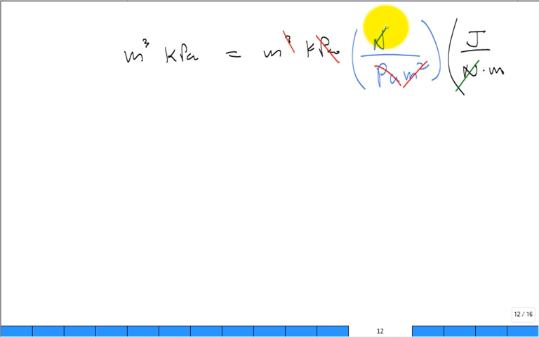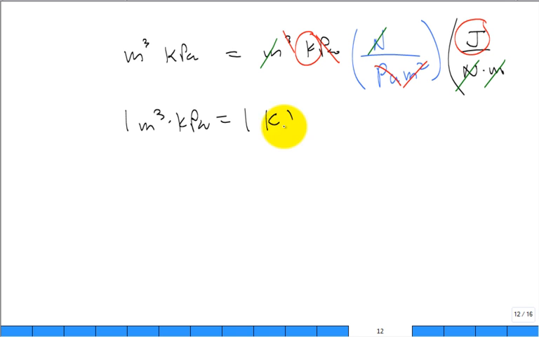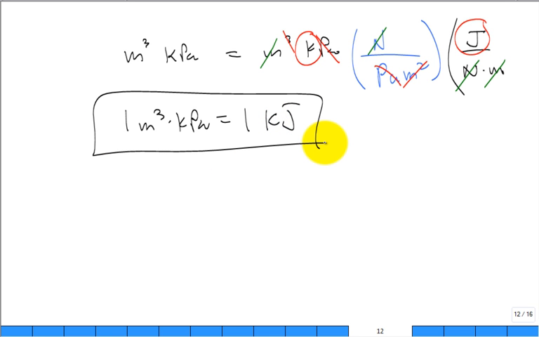Newtons go. The last meter goes. What am I left with? Kilojoule. So 1 meter cubed times kilopascal is precisely 1 kilojoule. Watch me do it, but don't just commit that to memory. Don't do that.